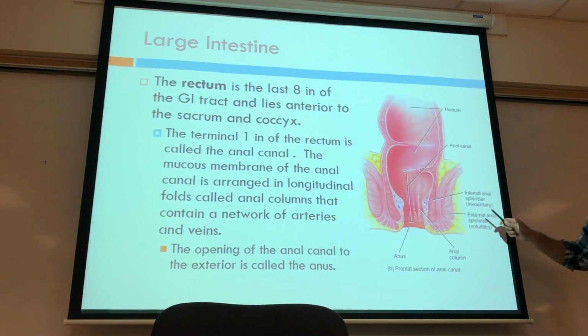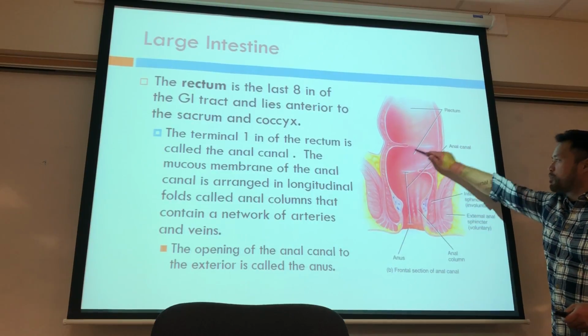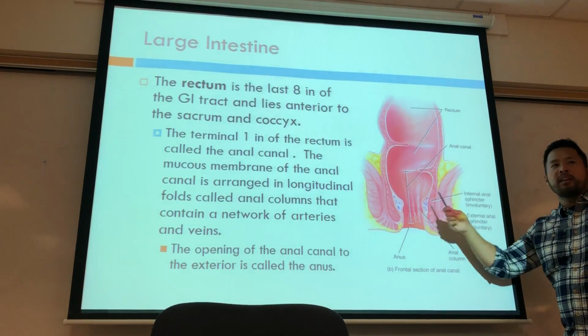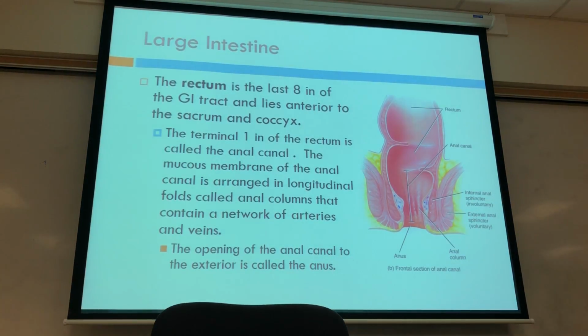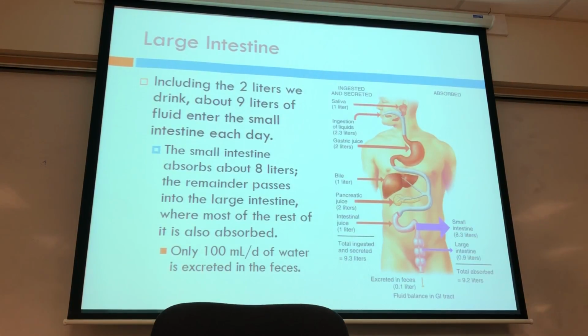Once the stretching comes up to the point that we fill up with quite a bit of pressure in the feces, the internal anal sphincter sends information back, letting us know that we really need to defecate. But the external anal sphincter is what we use to override that. So it's a mixture of both voluntary and involuntary feedback.